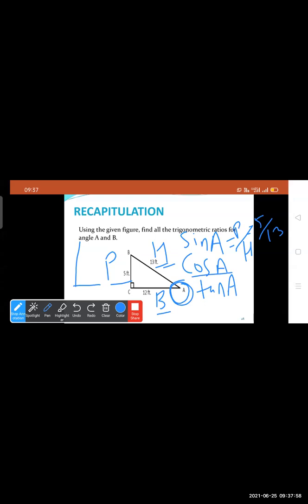Now second, for cos A, B upon H. So B value is 12 and H is 13. So you get cos A is equal to 12/13. Similarly, you can find for the tan function. So tan is the ratio of opposite to the adjacent side, that is 5/12. So tan is equal to 5/12.